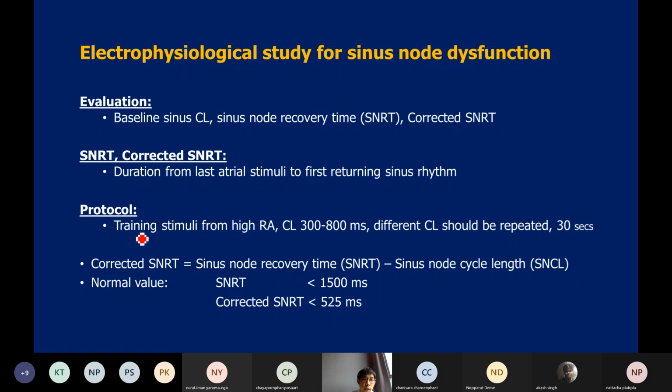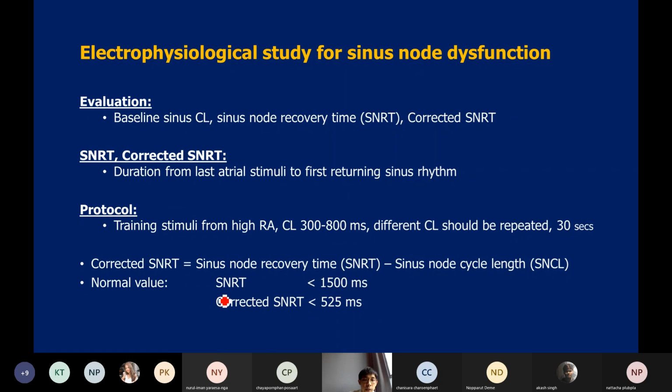The protocol for sinus node recovery time is that you pace from the high RA with a cycle length of 300 to 800 milliseconds. Each cycle length should be repeated for 30 seconds, and you measure the duration from the last atrial stimulus to the first returning sinus beat, how long the returning cycle length is in milliseconds.